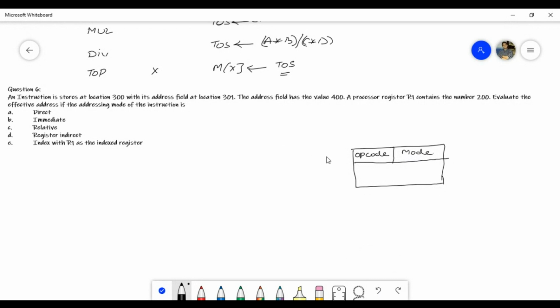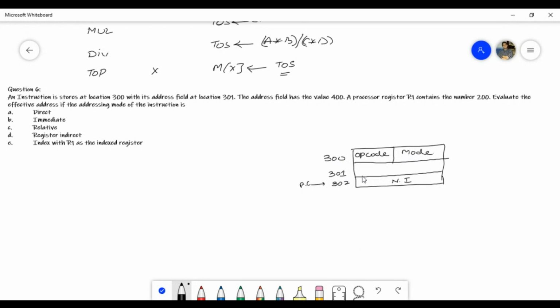300. The instruction is stored at location 300 with the address field located at 301. This is PC, the program counter. The program counter indicates the next instruction.